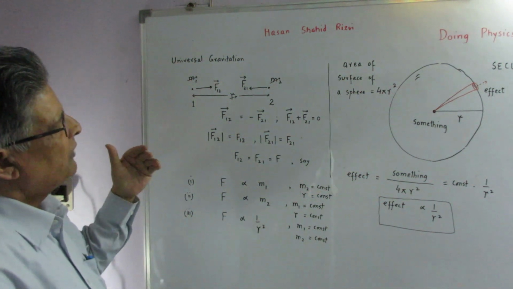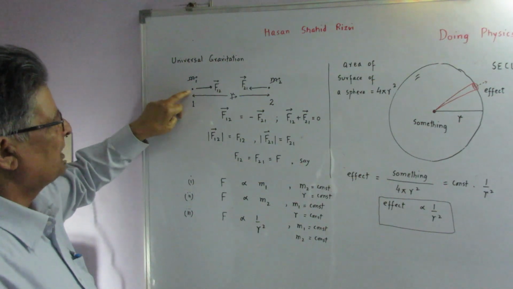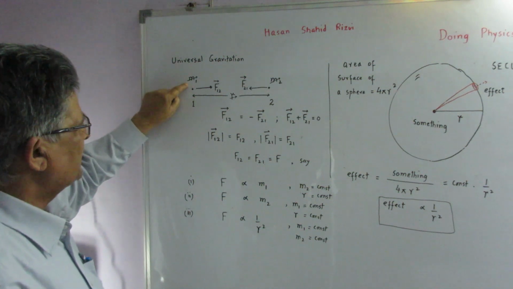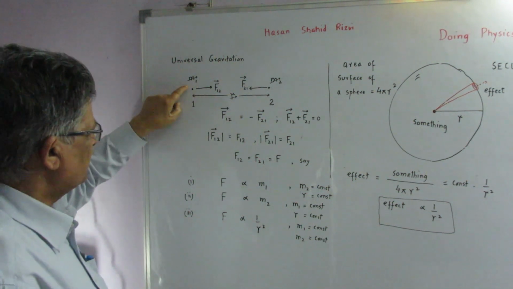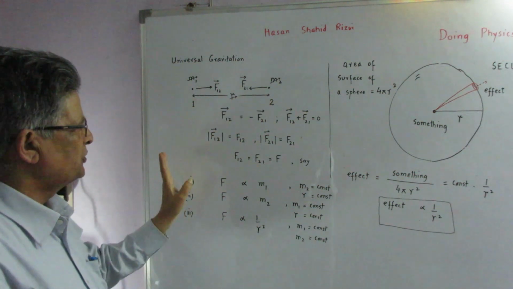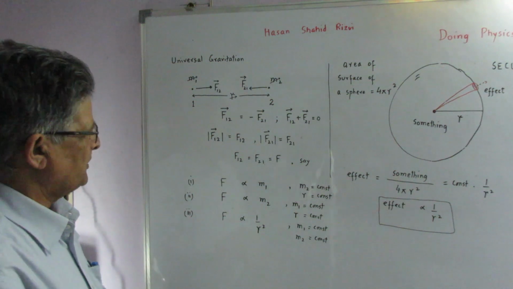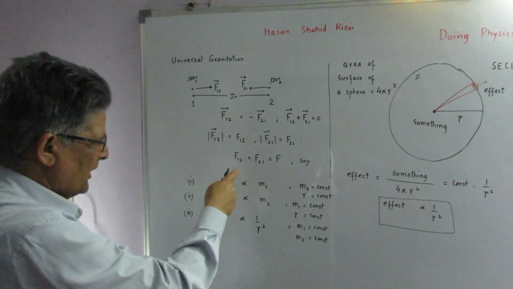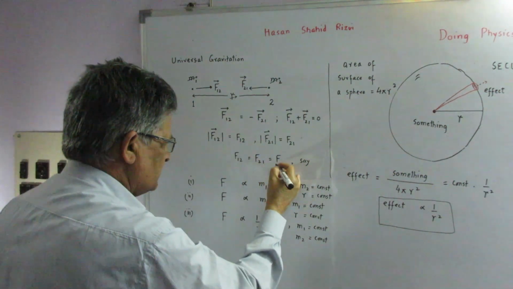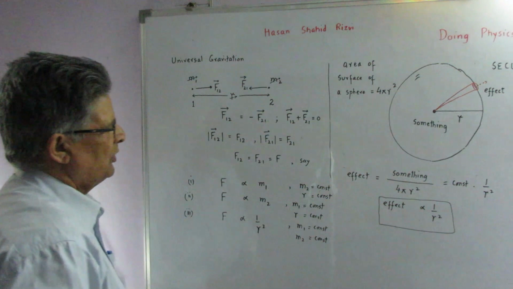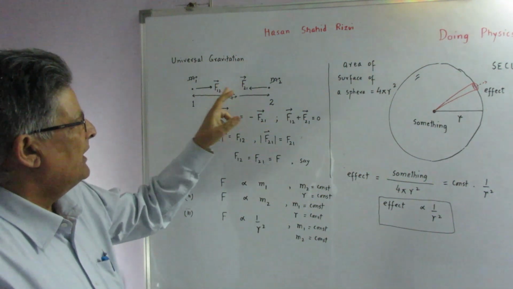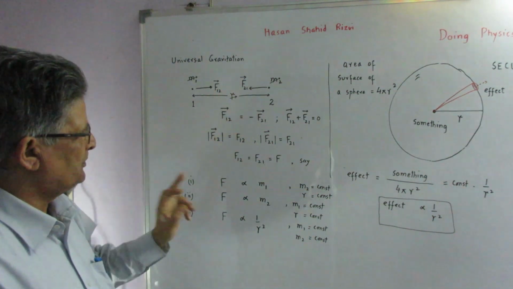For the time being we will consider that these masses are held in those places, where I increase or decrease the value of m1 as you like, and the variable m2 is also changed and the variable r is also changed. So this force, which I define as the value F of either of these two forces, F21 and F12.